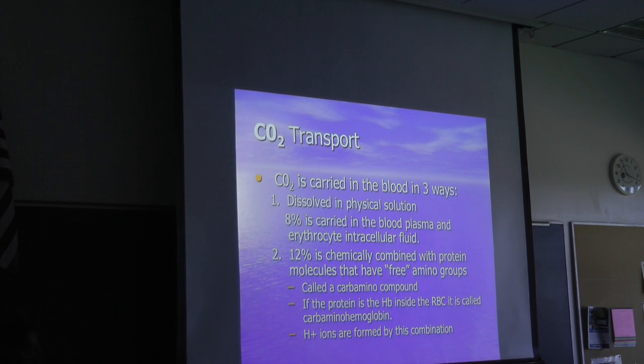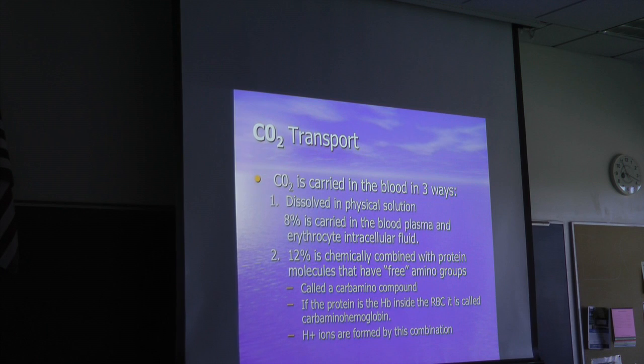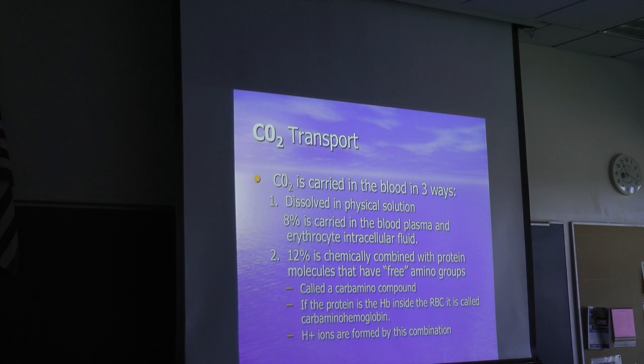So this amine group that's in the dark, all the way over here that you can't see. What happens is a hydrogen ion will leave and carbon dioxide can hang on. So that's one way that carbon dioxide can be transported, is that it'll take the place of one of the hydrogen ions in the amine group. So usually we just say, oh, it attaches to a protein.